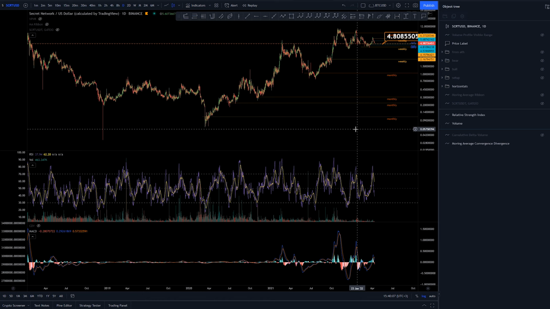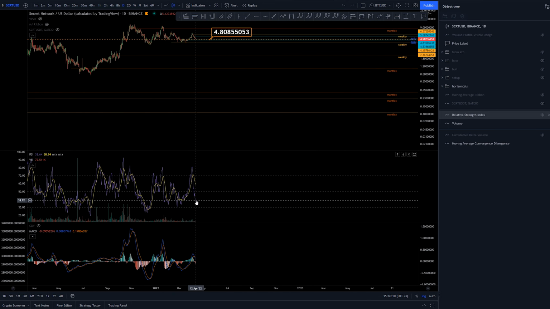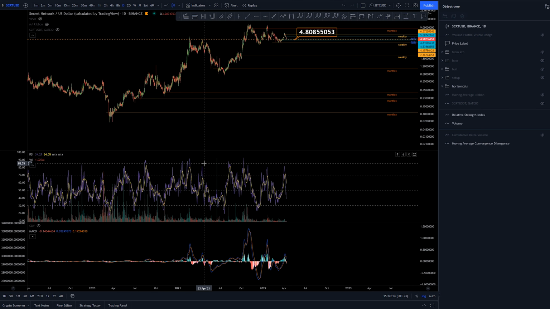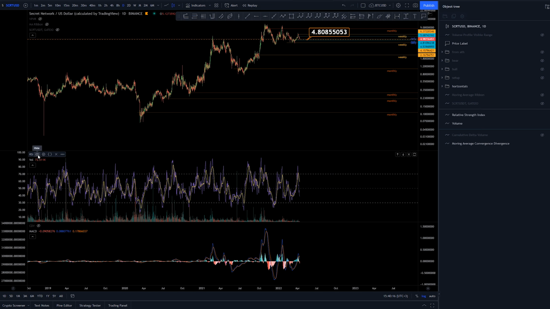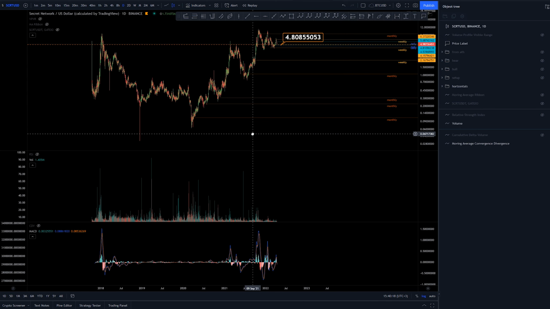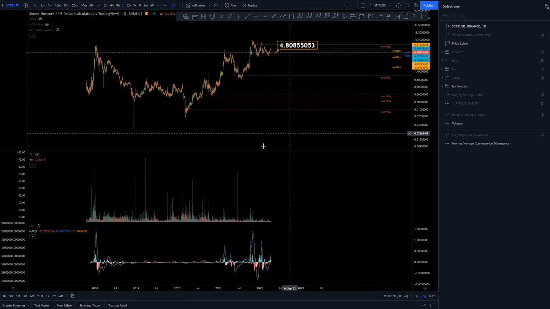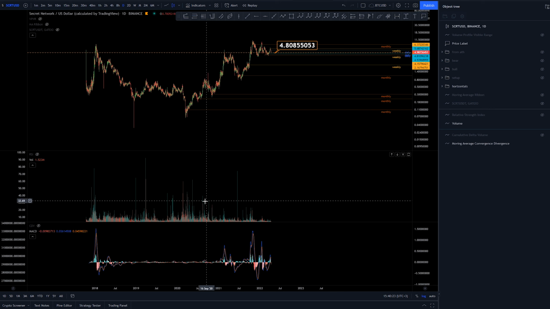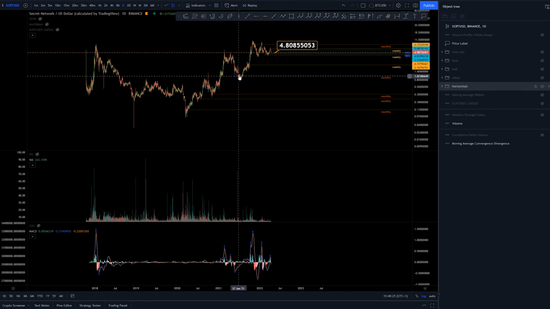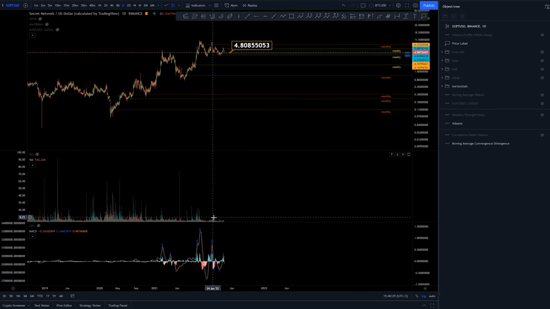RSI, let's see, no real divergence at the moment here, so nothing major. Volume wise, this is a bit kind of odd. We had this massive spike in volume around the 19th of June and ever since it has been slowing down.